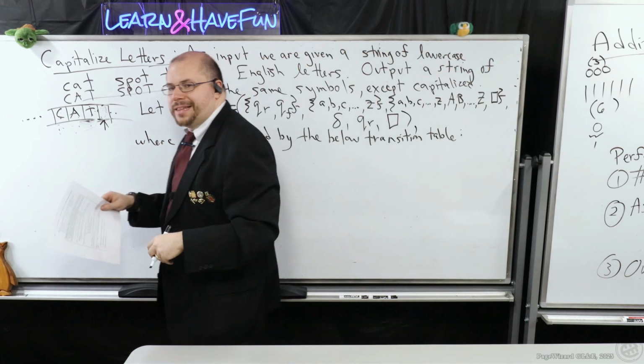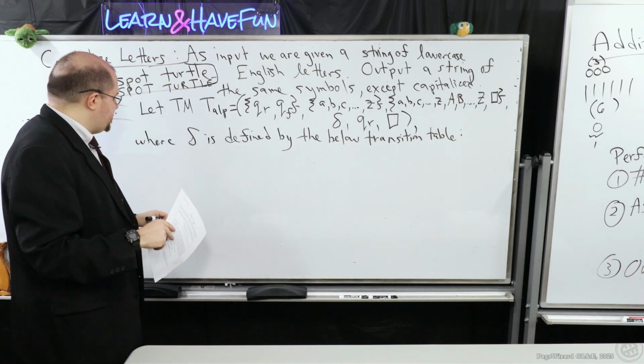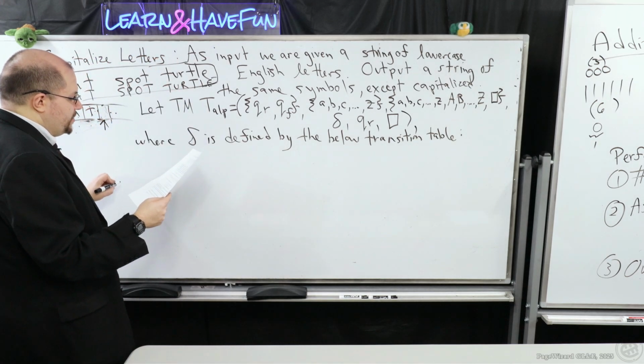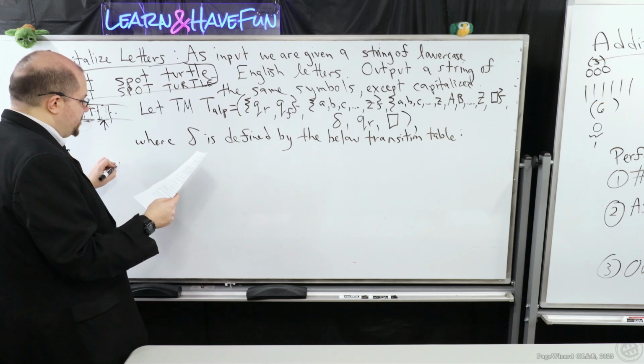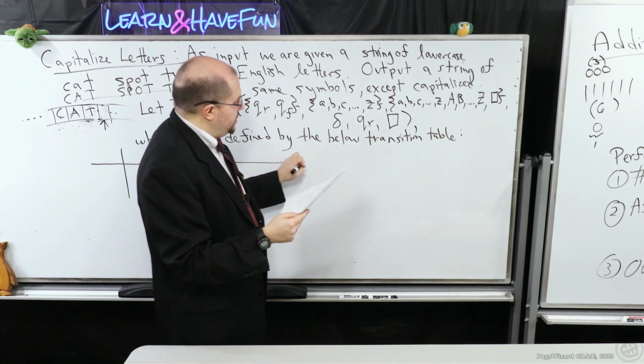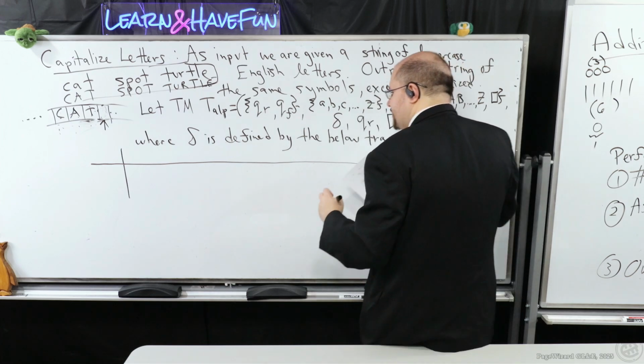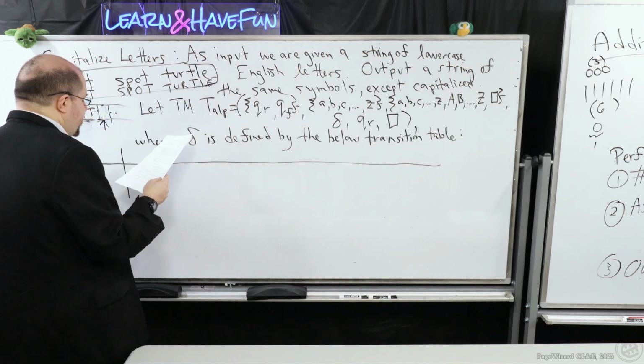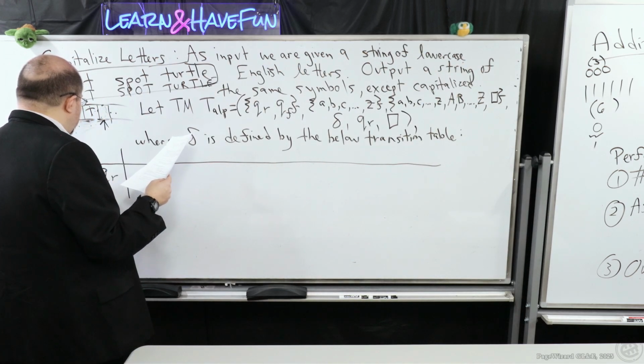Now this table is going to be a little bit clunky to look at, just because it has a lot of columns. So I'm going to omit a whole bunch of the columns just for the sake of brevity. It's going to have two states, QR and QF.